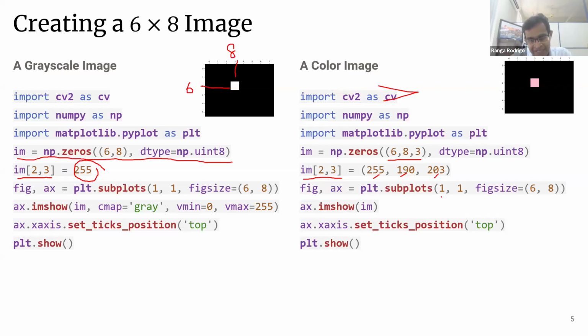Therefore, these colors represent R, G, and B. Remember the color representation used by Matplotlib when you plot it is RGB. So you can play with this and see.